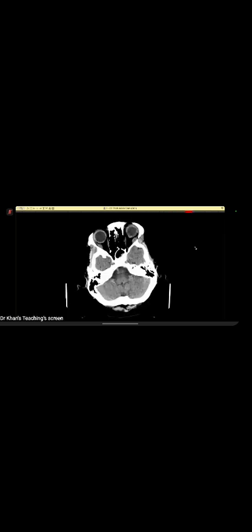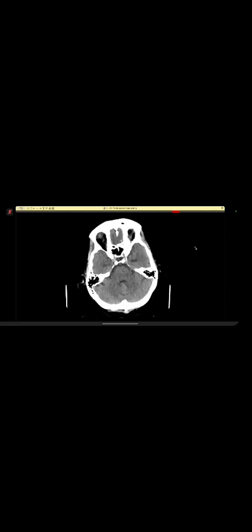So in these sections, I have observed that there are bilateral intraorbital extraconal soft tissue density masses in the region of the lateral rectus muscles. The bellies of both lateral rectus muscles are swollen, but there is normal tendinous insertion.